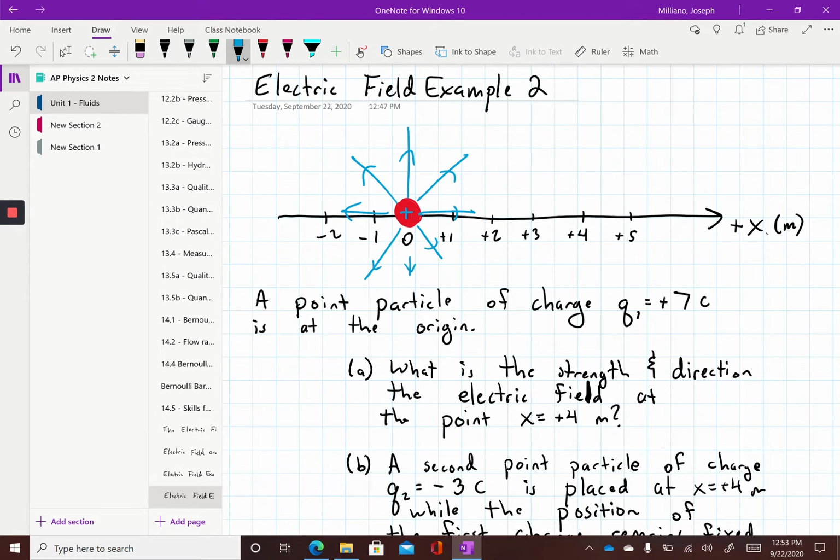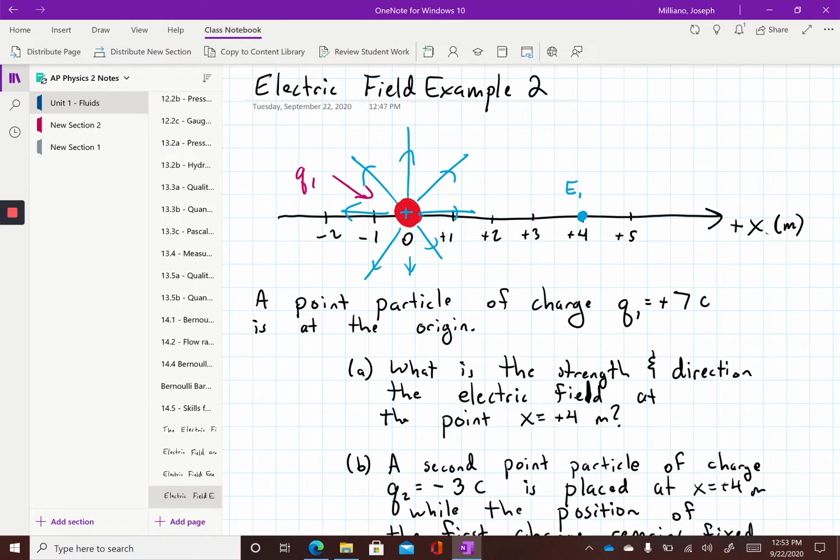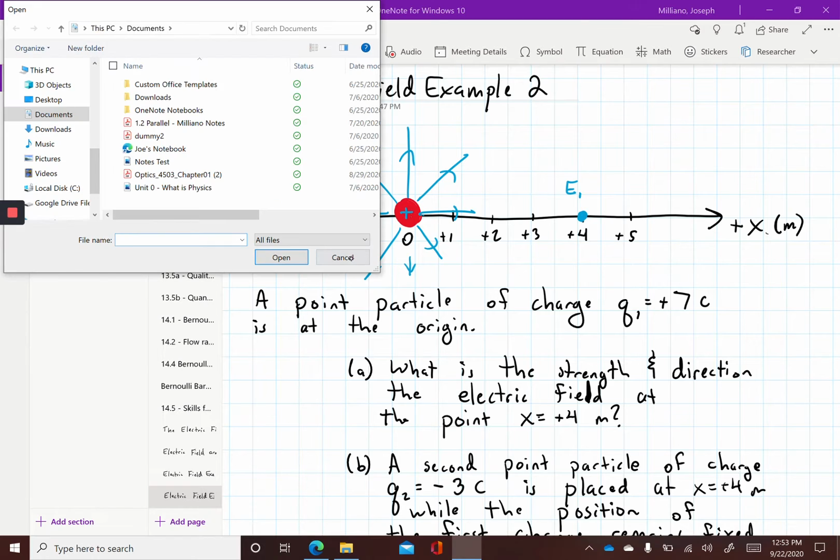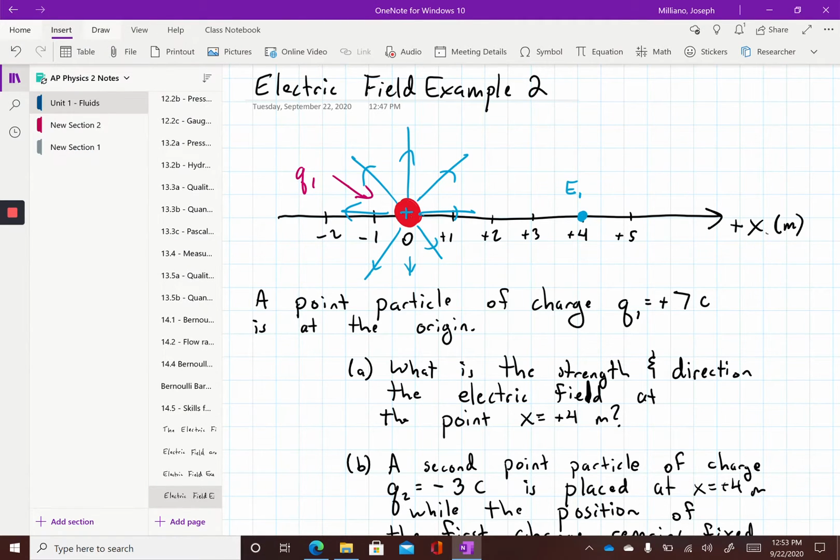And so we're going to specifically look at how strong and in what direction is the electric field at this point due to, we'll call this one Q1, charge 1? So that's the first question.